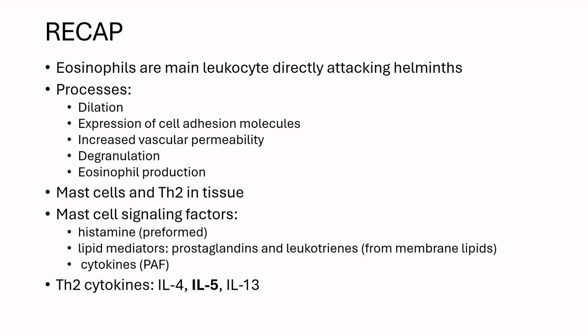And then we also have additional cytokines, and particularly important here was this PAF, the platelet activating factor. And for the Th2 cells, we said, okay, signature cytokines, IL-4, IL-5, IL-13, and in particular here special importance was placed on the IL-5 for triggering the degranulation of the eosinophils and also stimulating the production of more eosinophils.